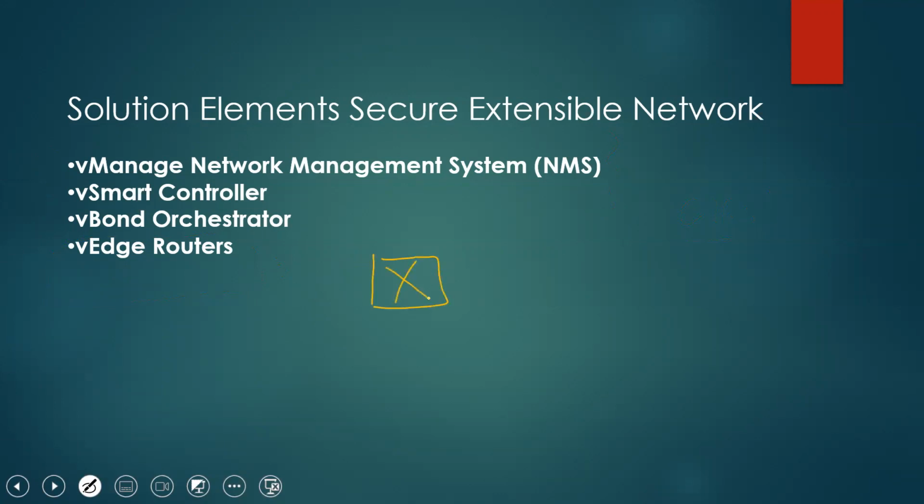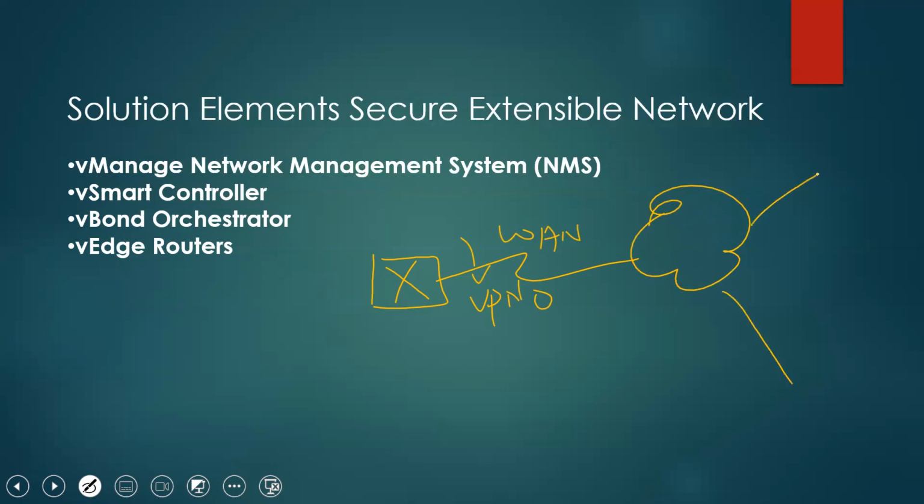Okay, so obviously you will connect to your VPN 0 interface facing towards the WAN side. Why? Because if they are facing towards the WAN, then only they will form the tunnel with the edge devices or other controllers, right? So that means you need at least one interface that will connect to the WAN, correct?